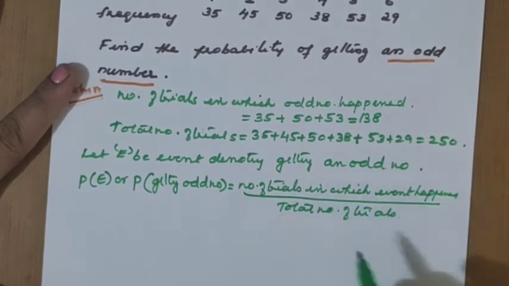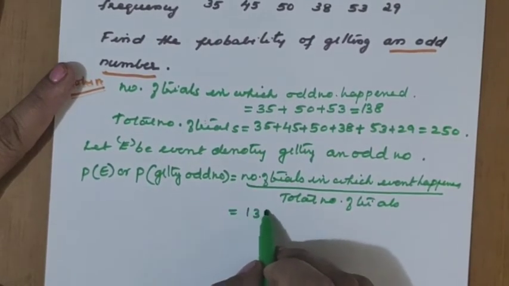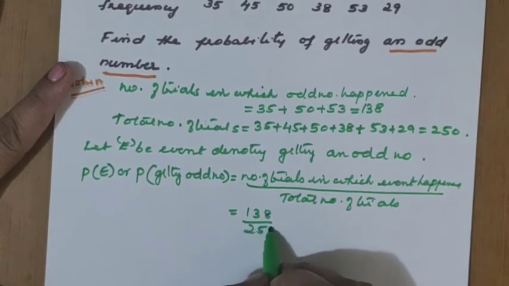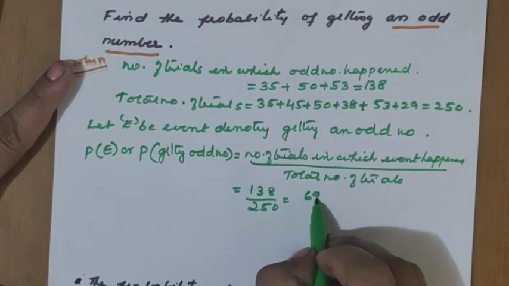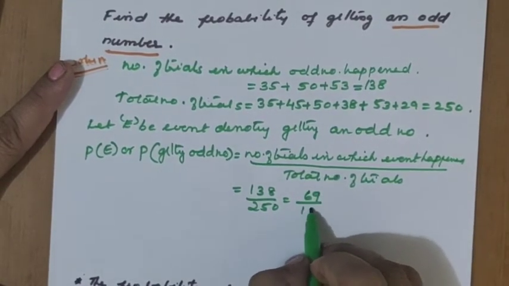So how many favorable events did you get there? 138. So 138 divided by 250. If you cancel with the 2, what is the answer? 69 divided by 125.